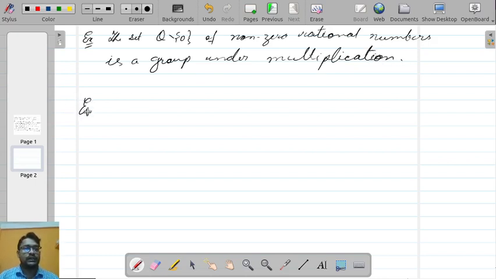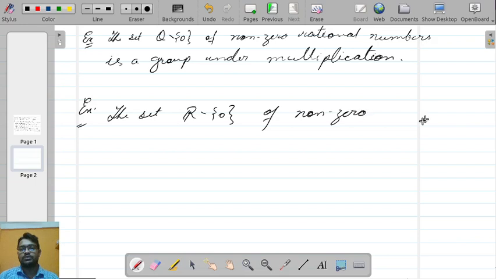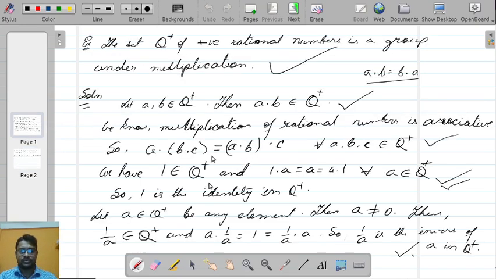Similar to that, there is another one, the set R minus singleton 0 of non-zero real numbers. Last day also I think I gave you this exercise, so you can try it. The proof is exactly similar to this one. Just the writing is a little bit different.